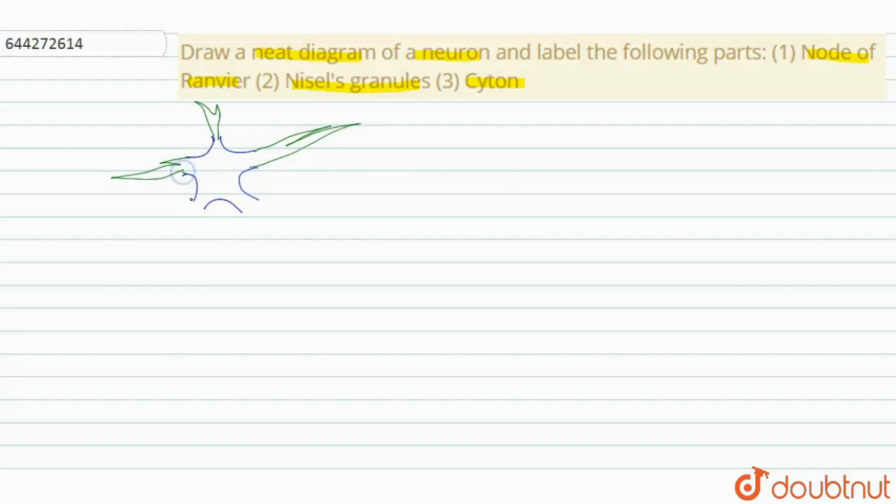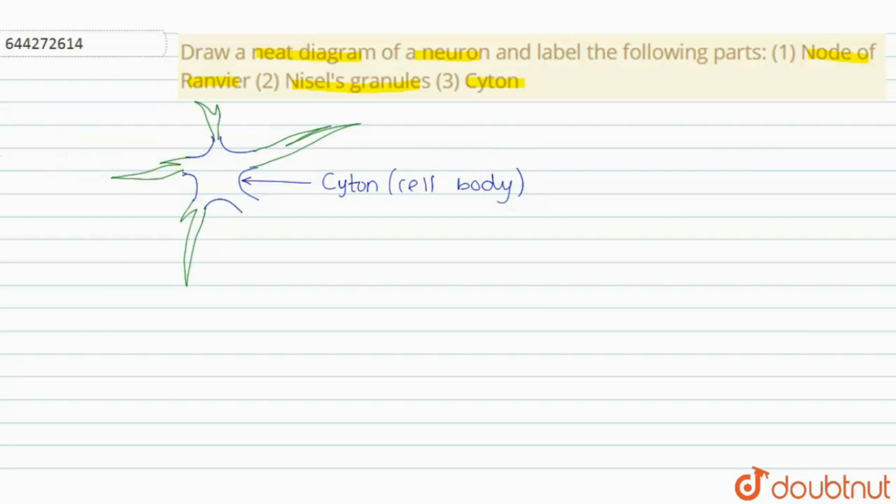The cell body of a neuron is also called a cyton. So we had been asked to label a cyton. This blue color structure which I have drawn here is nothing but the cyton, also known as the cell body.